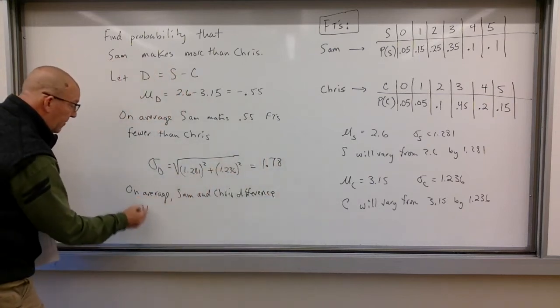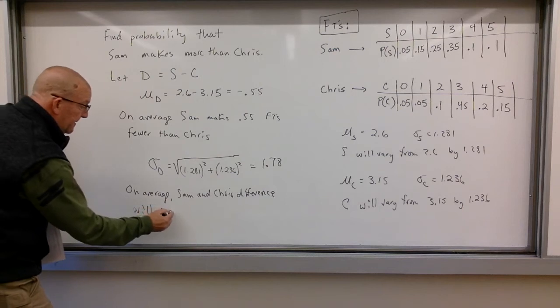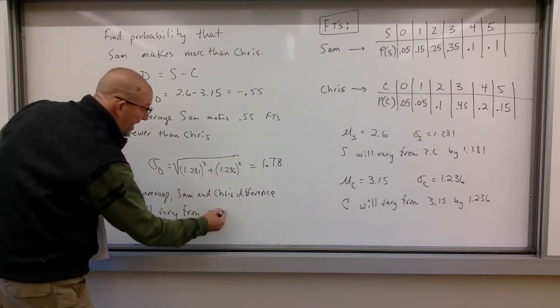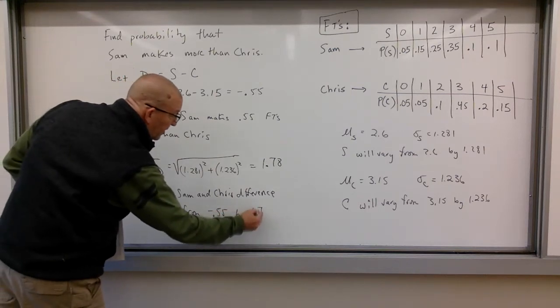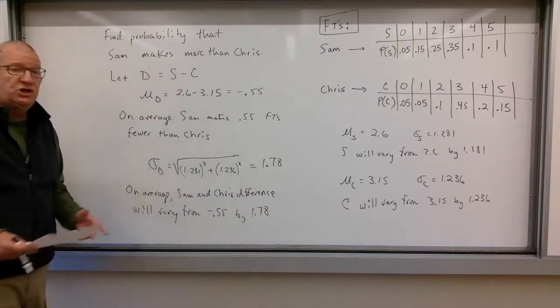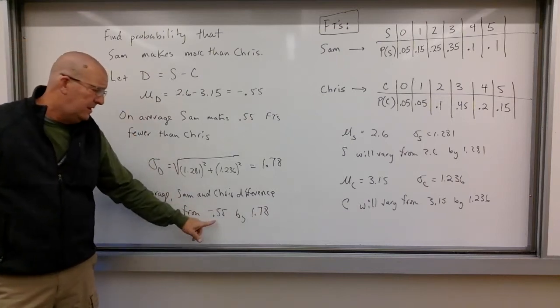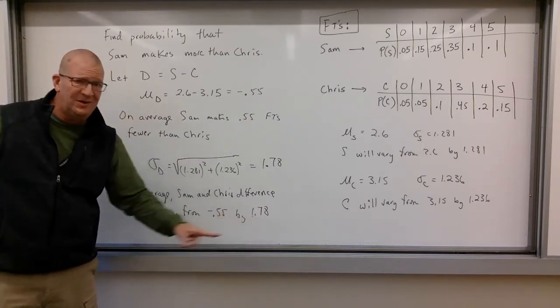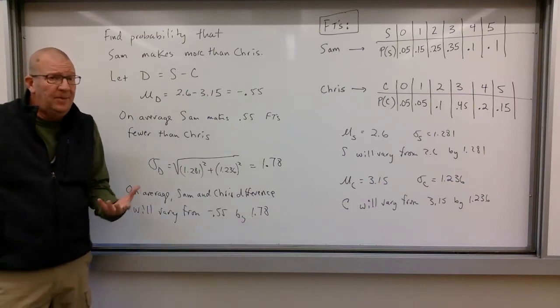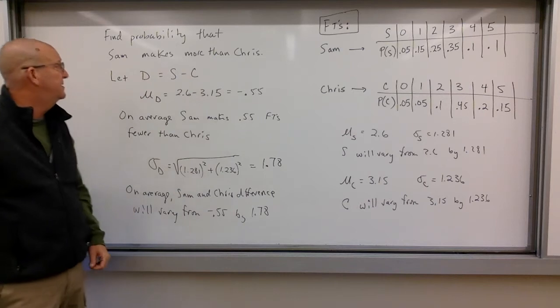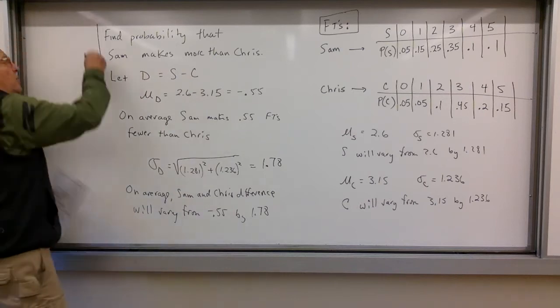Will vary from negative 0.55 by 1.78. And sure enough, if you think just a little bit, you can realize, hey, negative 0.55 plus 1.78, that's a positive number. So sometimes Sam minus Chris will be positive. And that's what we're looking for here.